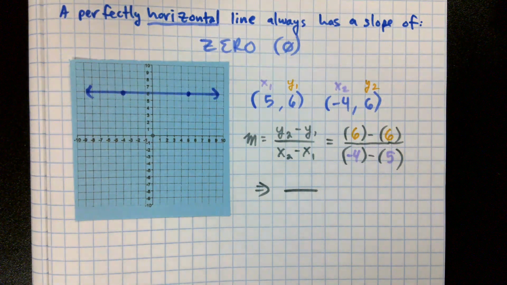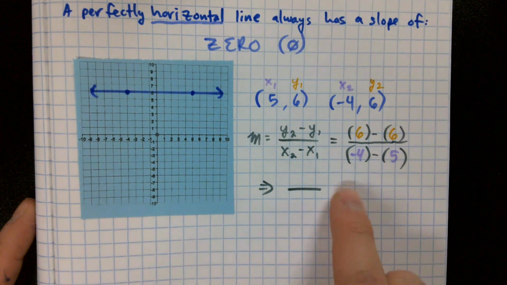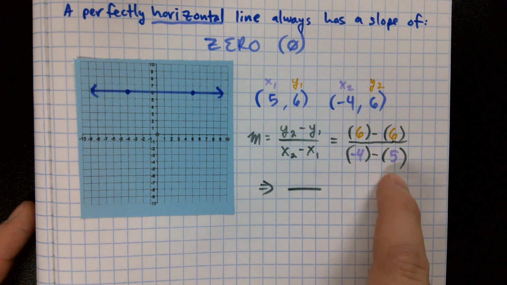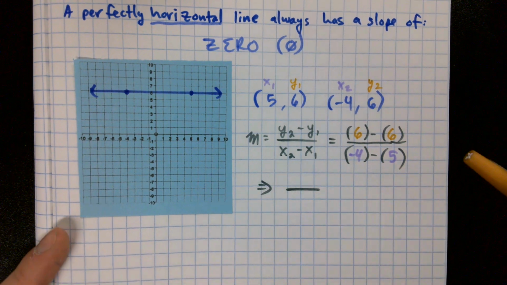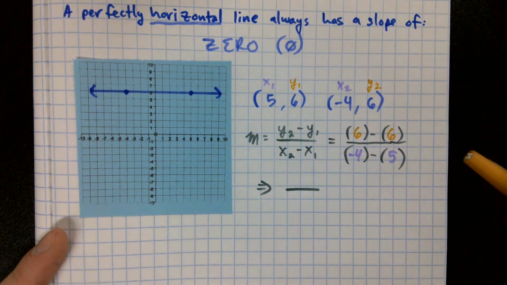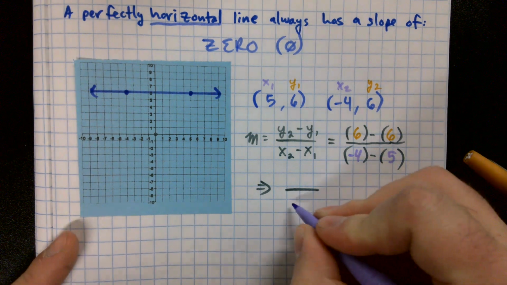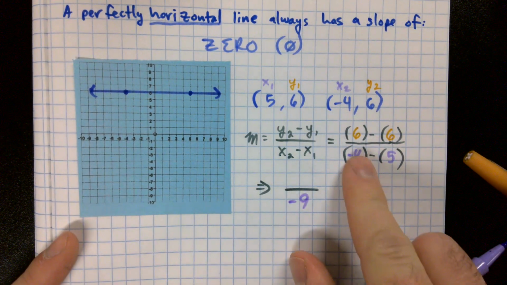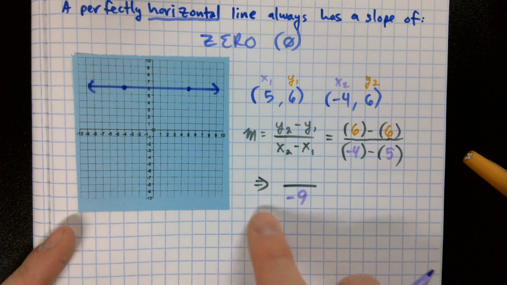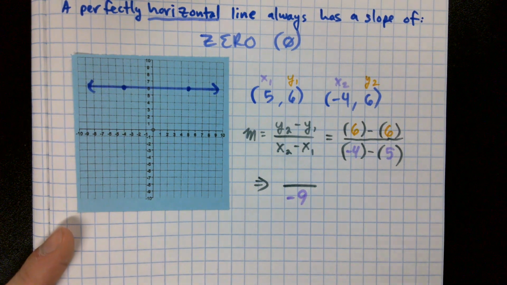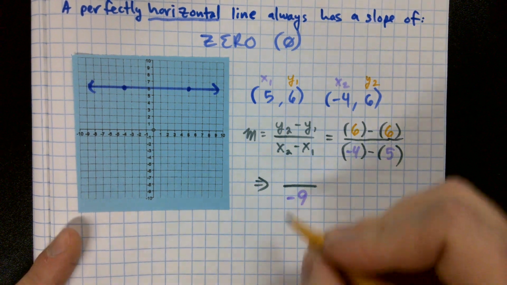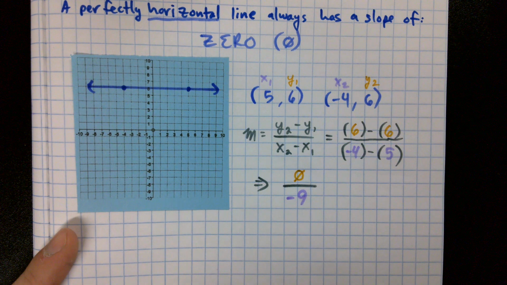Can someone help me out? On the bottom, if we have negative 4 minus 5, what do we get? Negative 9, right? Think about spending $4, then spending $5. You spent $9 total. Now, what is 6 minus 6 going to give us on the top? 0.